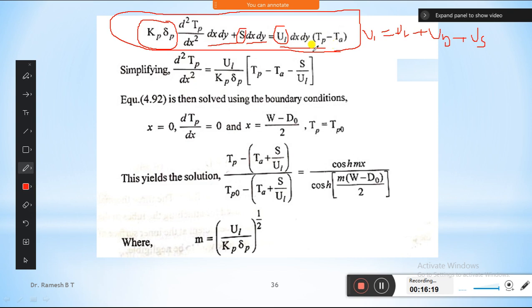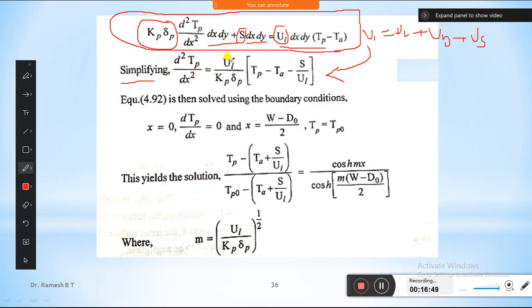And that sentence we replaced by an equation: Kp rho p d square Tp by dx square dx dy plus S dx dy is equal to UL dx dy (Tp minus Ta). Here, if you take dx dy as common and cancel it, after simplifying this equation, you will get the final equation d square Tp by dx square.